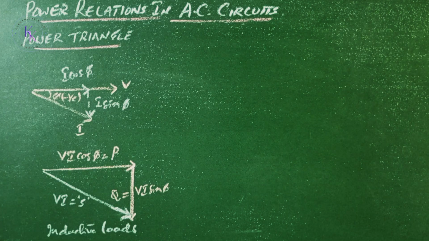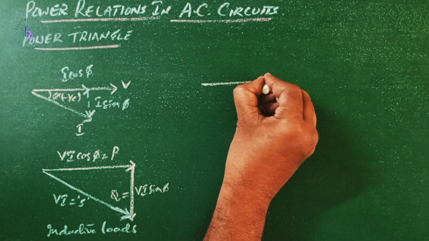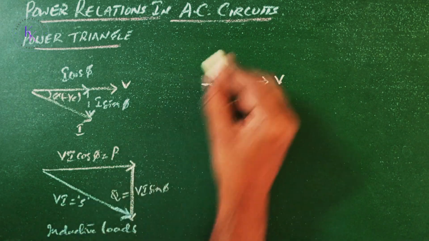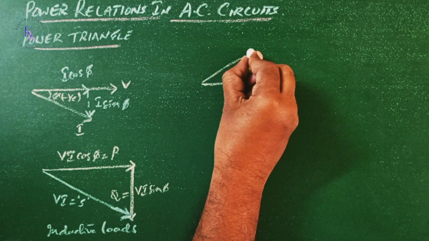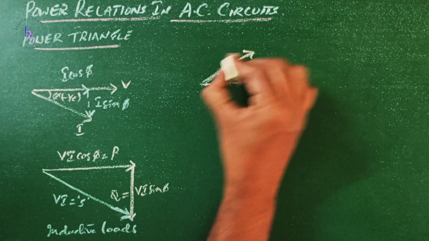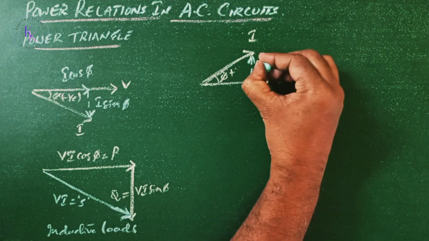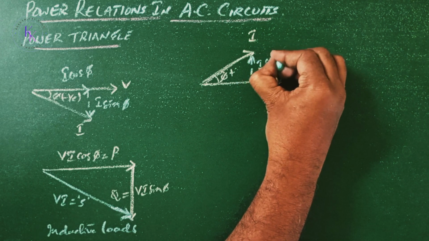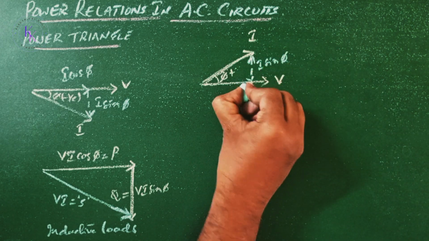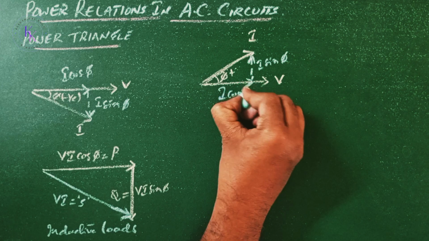VI, that equals the apparent power S in case of inductive loads. In case of capacitive loads, the current leads the voltage by an angle phi, which is positive. This is I sin phi, and this is I cos phi.